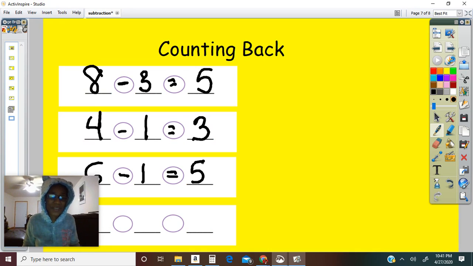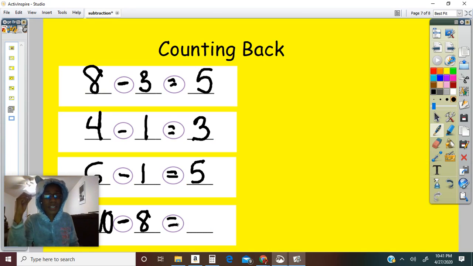Last one. Let's see if you can get this one. It's a toughie. 10 minus 8 equals 10. Remember, when I get to 8 fingers, I have to figure out what number I said last. That's going to help me count backwards.